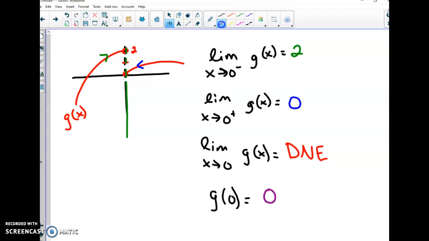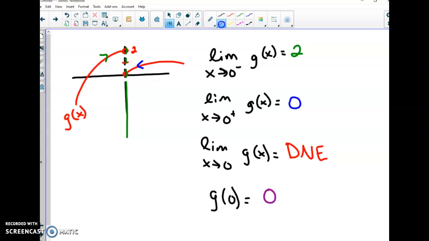So even though my limit was a 2 and a 0, that doesn't mean that g of x doesn't exist for that point. It just means you need to find the closed point. If they were 2 open circles, which could potentially happen, then you would write does not exist. But since we did have a closed circle, it'd be at 0.